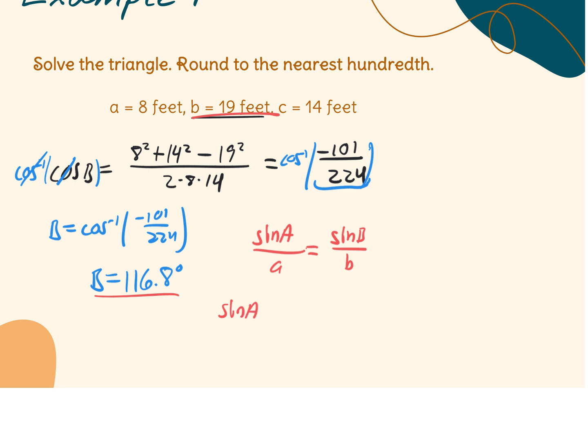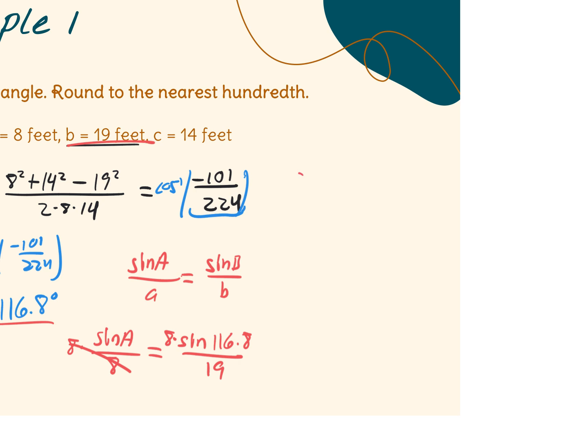So I'm going to have sine of A over 8 equals sine of 116.8 over 19. Right, so I'm going to multiply 8 on both sides to get that 8 out of there. And then I get sine of A is 8 times sine of 116.8 over 19.